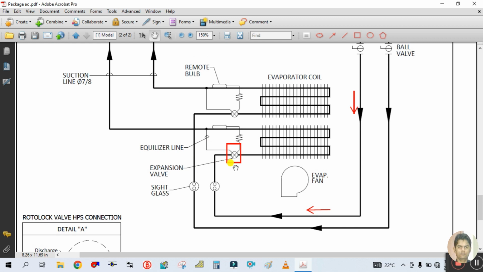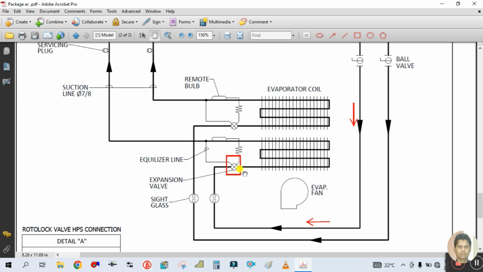Because of expansion, it will release its temperature. So here the refrigerant is in low pressure and low temperature condition.